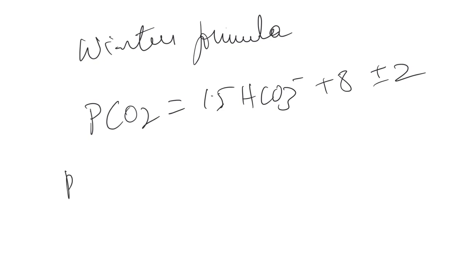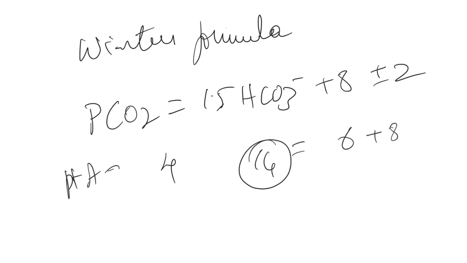Let's say a young patient comes in with severe DKA, his bicarb is 4. Now his expected PCO2 in millimeters of mercury should be 1.5 times bicarb, that's 6, plus 8, plus or minus 2. So his PCO2 should be around 14.